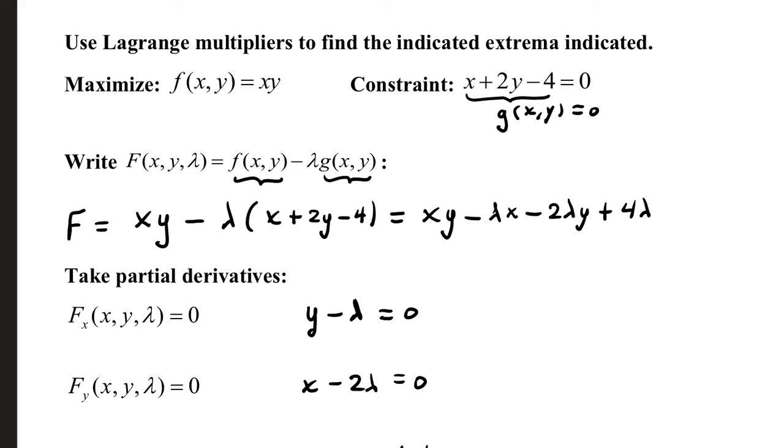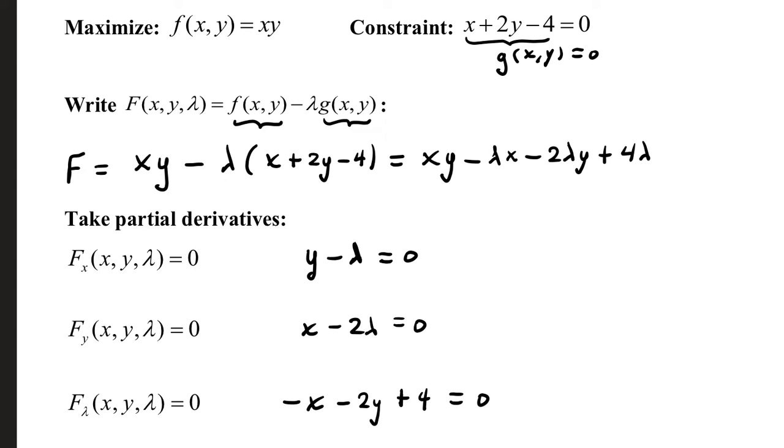Next, we're going to write capital F. That's going to be our function involving both the original function lowercase f and the constraint g. Capital F of x, y, lambda is defined as the lowercase function of x, y, in our problem x times y, minus lambda times the constraint, the part that is set equal to 0, x plus 2y minus 4.